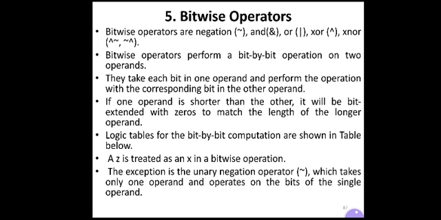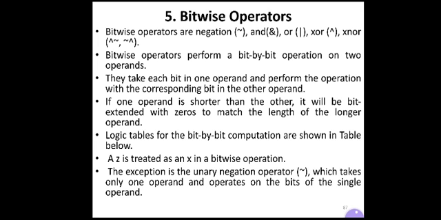Bitwise operators perform a bit by bit operation on the two operands. There are going to be two operands, left hand side and right hand side. In between the operands there will be an operator. So these bitwise operators will be placed there. They operate by performing the particular operation bit by bit.